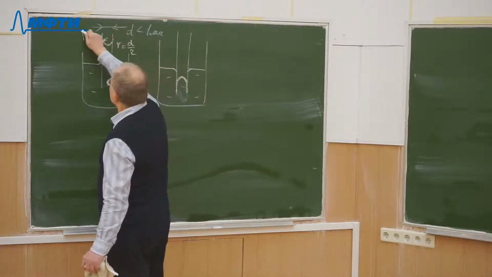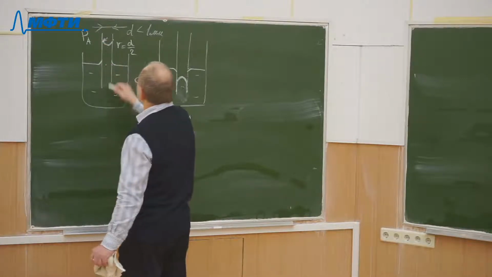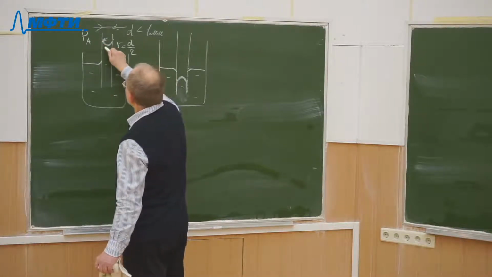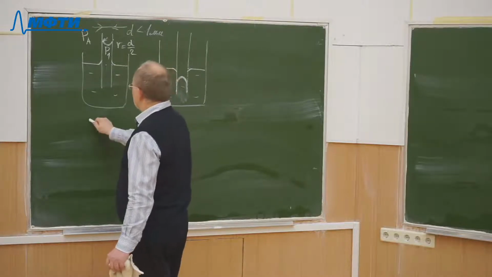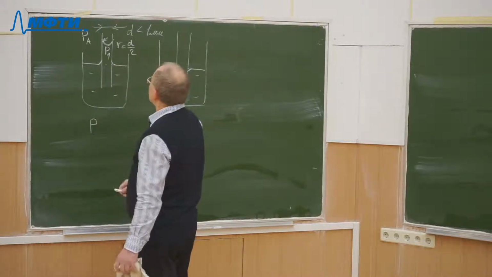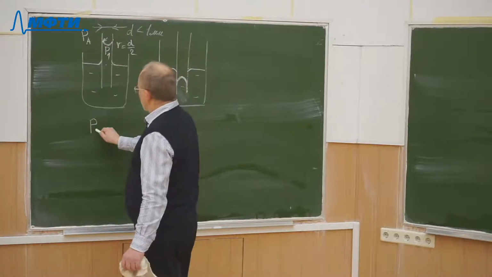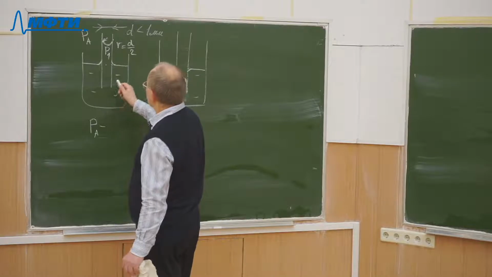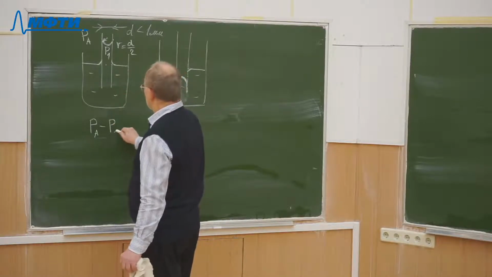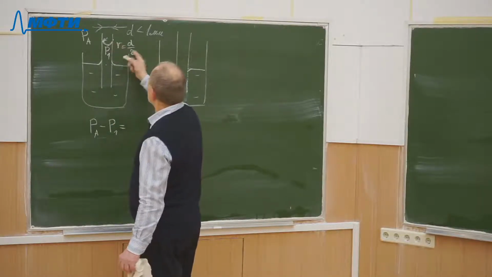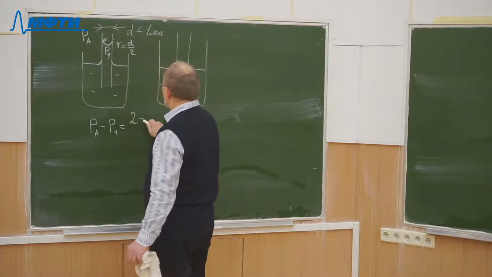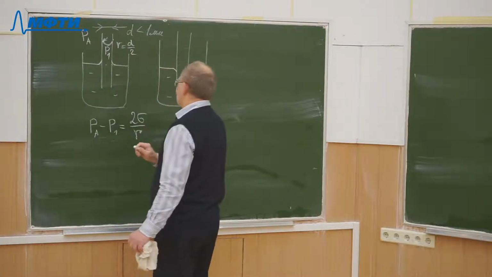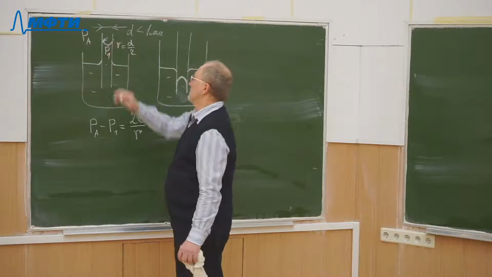If here we have the pressure of atmosphere and here inside we have the pressure of liquid, then the pressure of atmosphere minus the pressure of liquid at this point will be equal to 2 sigma over the radius of curvature of this surface.